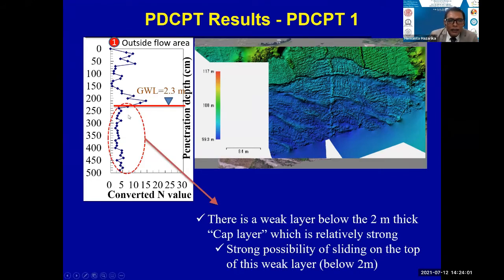Below this, up to about 2 meter, this is the converted N values, this is the penetration depth. The N value is relatively high, but below that you can see a very weak layer. Okay, and on top of that there is a strong layer which acts as a cap layer. So there is a strong possibility of sliding on the top of this weak layer, which is below 2 meter.